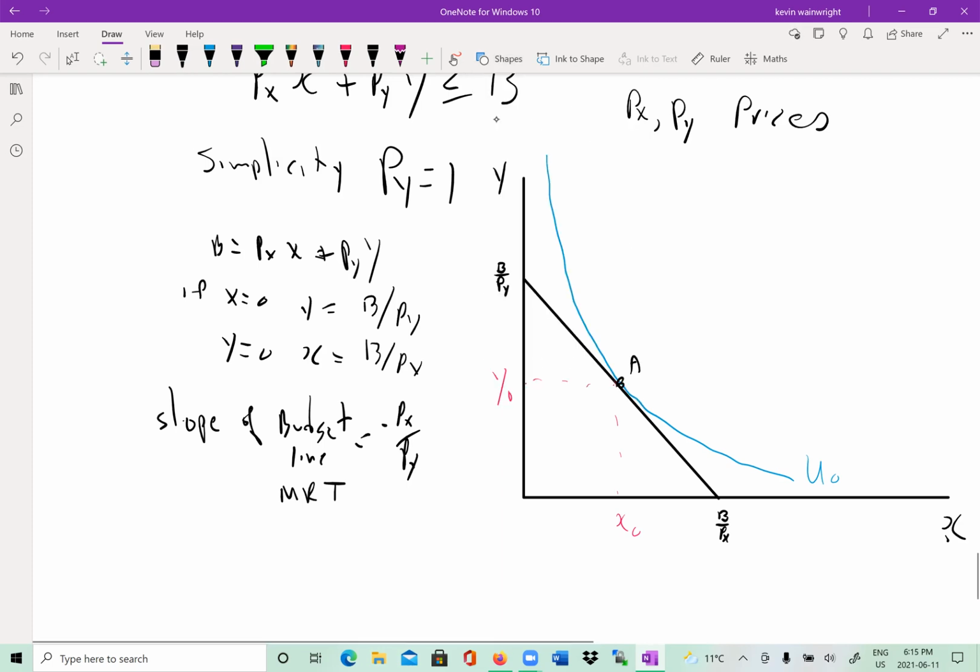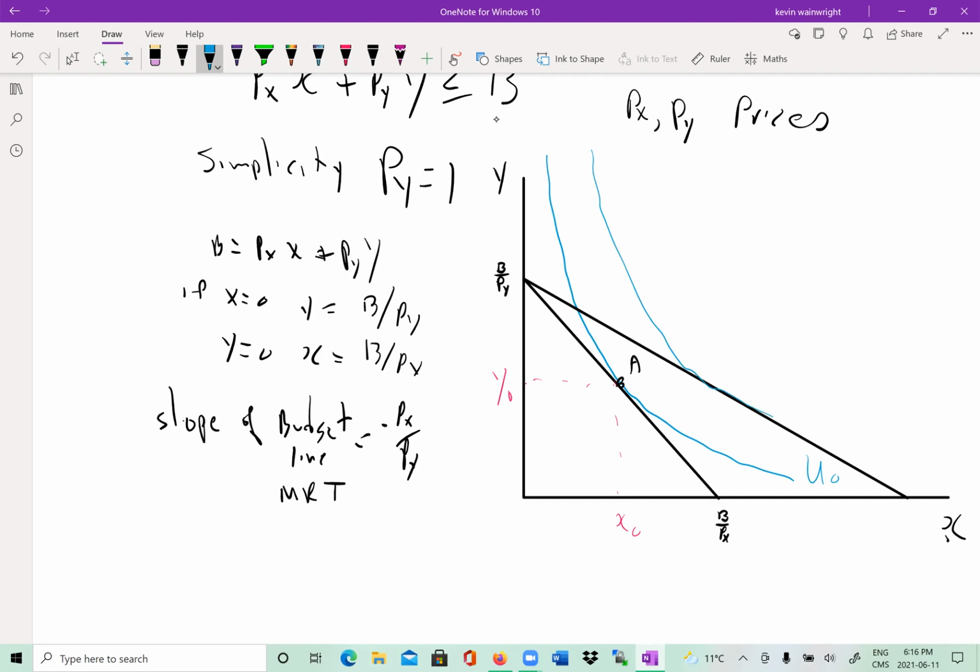Now I'm going to let the price of X fall. And what happens next is that our consumer will change their bundle to achieve a higher level of utility.